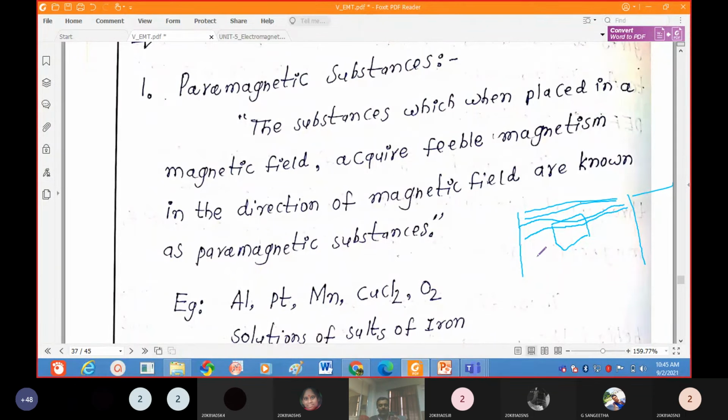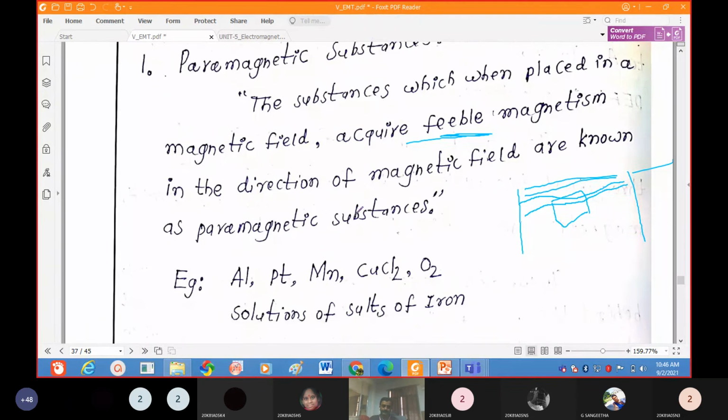That bending is also very small, because feeble magnetism, very less magnetism, is produced. That type of magnetic material we call paramagnetic substances.